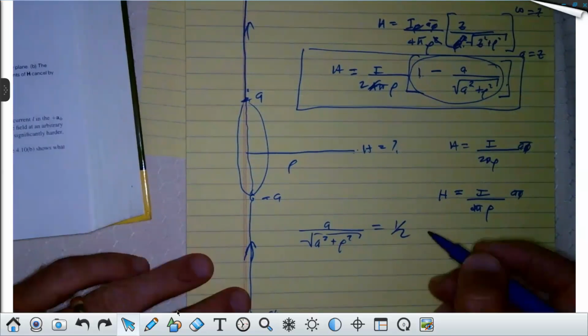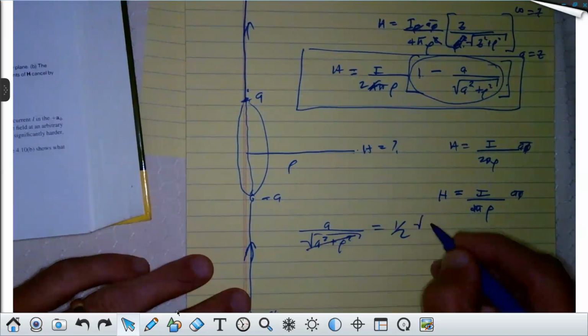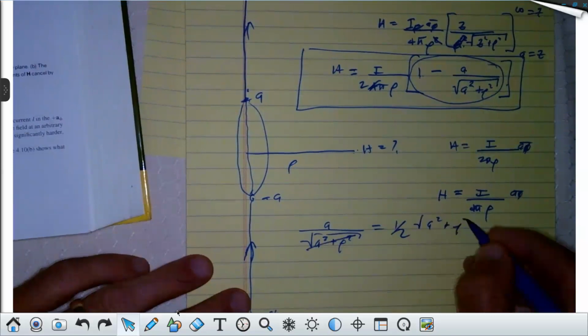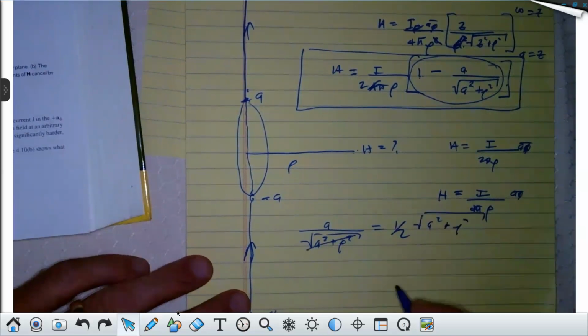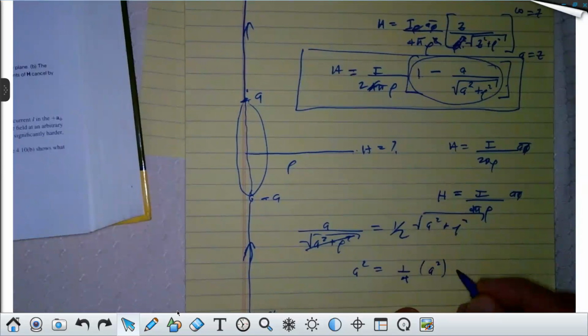You can go ahead and multiply both sides by the square root of A squared plus rho squared, right? And then you square both sides, so I have A squared equals 1/4, right? And then it would be A squared plus 1/4 rho squared. Correct, everyone?